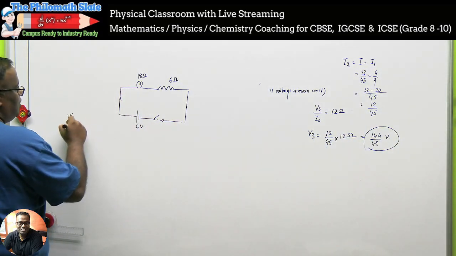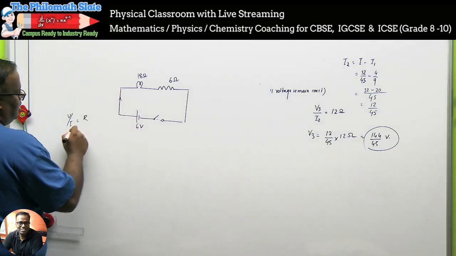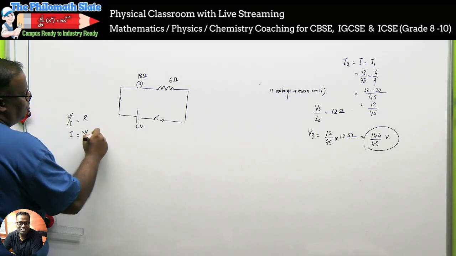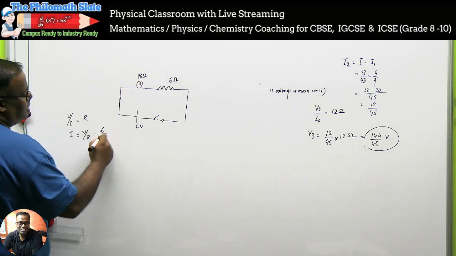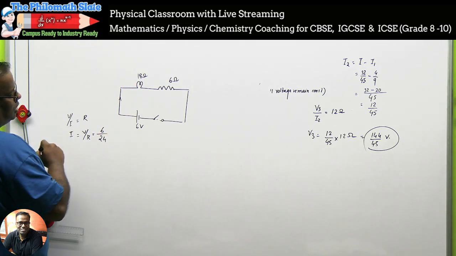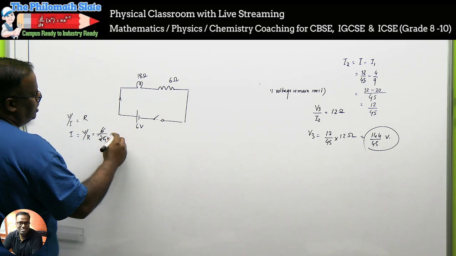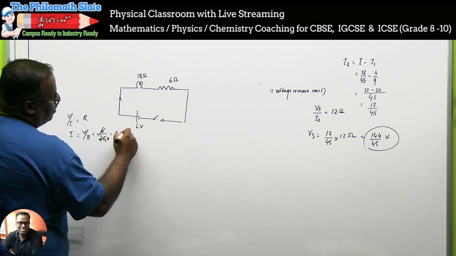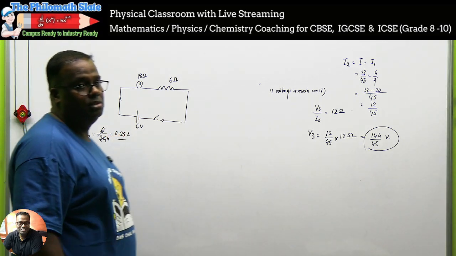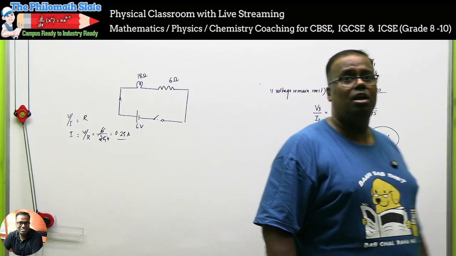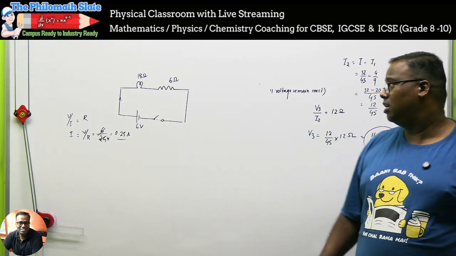V upon I is equal to R. So I is equal to V upon R. How much is V? 6. 6 divided by how much? 24. Yes or no? 6 4s are 24. 1 upon 4 means quarter. 0.25 ampere. Quarter ampere means what is the resistance of the lamp?